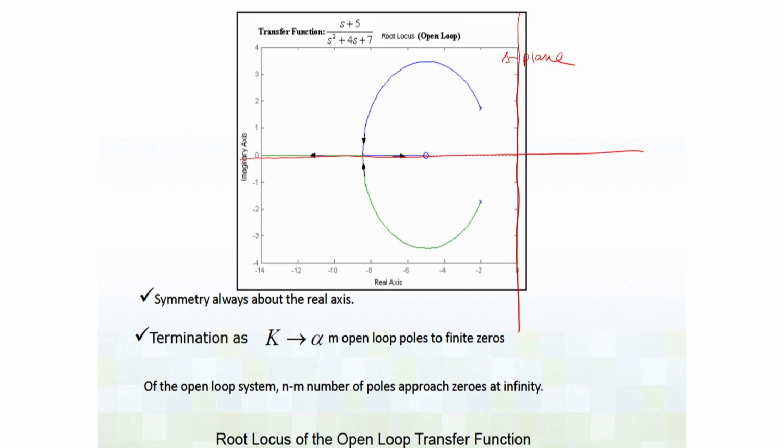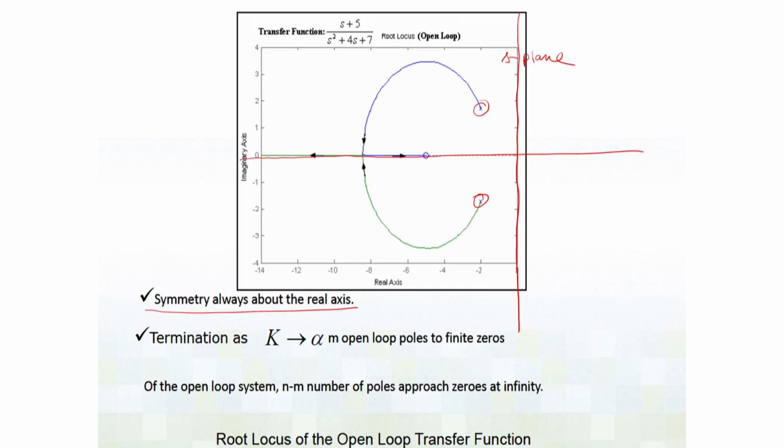In this case you are going to have 2 poles, s square plus 4s plus 7, and 1 zero. Whatever happens on this side is going to happen on this side also. That is the second important point.